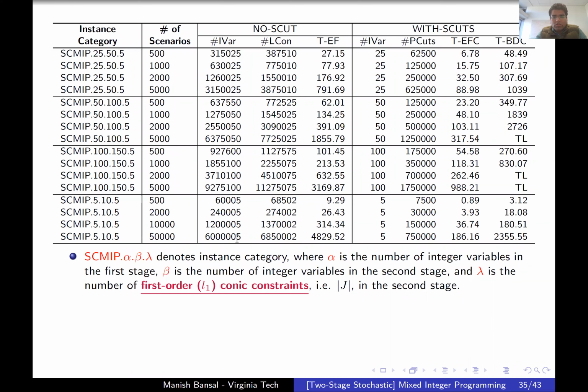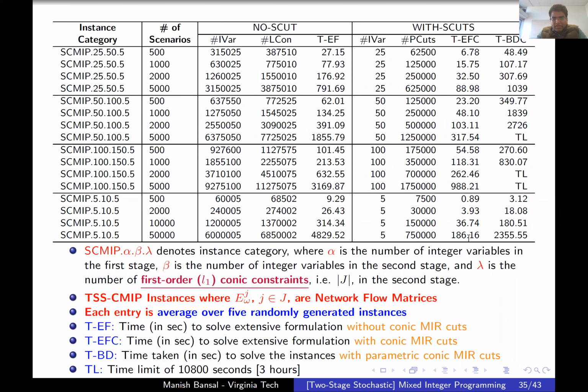Now, if you're able to convexify the second stage problem, then essentially you can relax the integrality restriction on them. And this is the number of integer variables you will have after adding those cuts. Of course, you have to add these cuts as well. So there is a trade-off between relaxing the integrality restriction and adding more cuts. And you can see the time taken has been drastically reduced by adding these cuts. All these instances are averaged over 5 randomly generated instances.